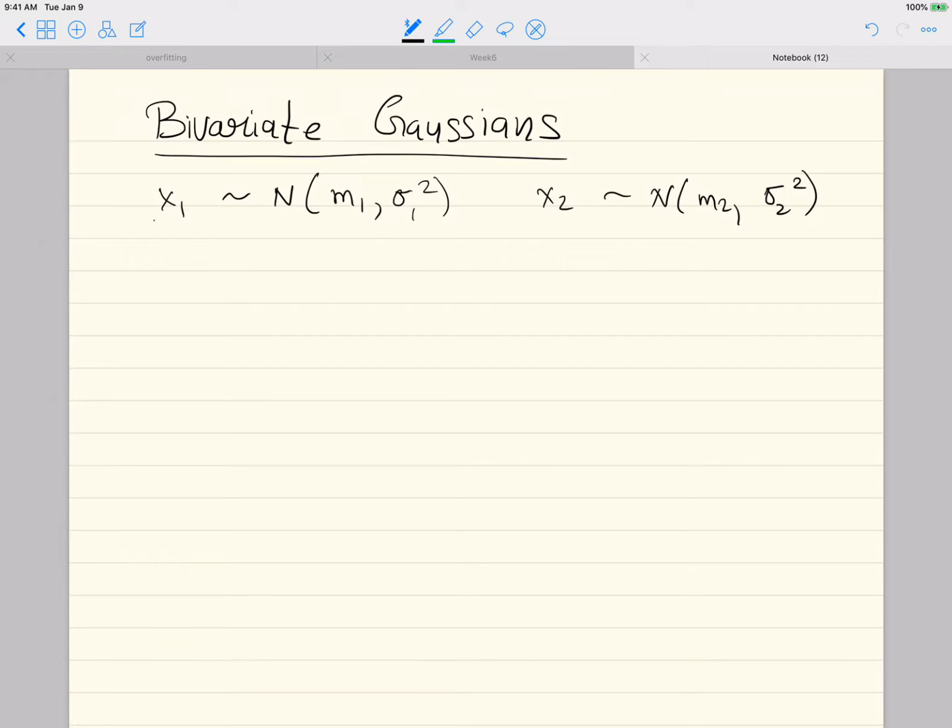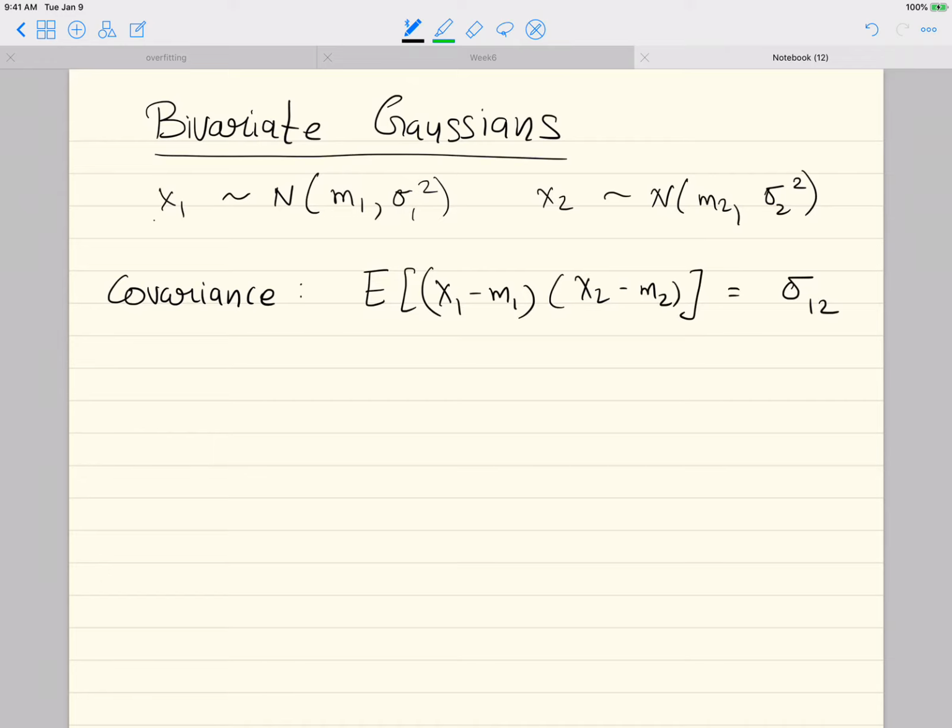We have two random variables. And I can compute the covariance between x1 and x2. So covariance is defined as the expected value of (x1 minus m1) times (x2 minus m2). And that will be, let's say, sigma 1,2.